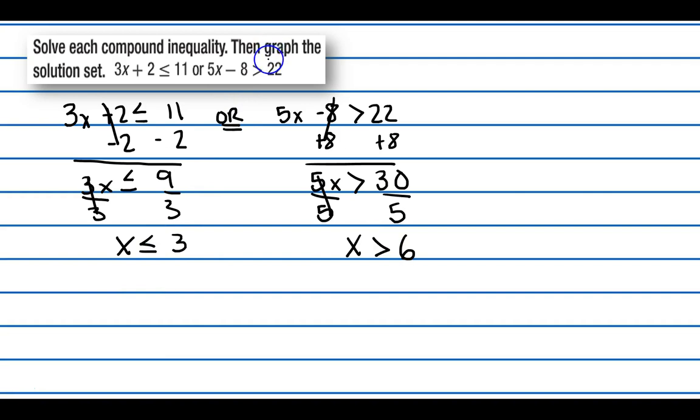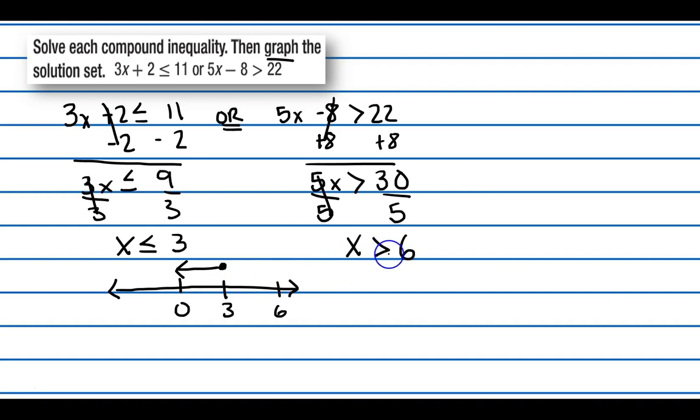Last part, it does say to graph. Let's do a quick graph here. So we have 0, 3, and we have 6 here. So 3, as you see here, we're going to use more ink, which means we're going to have a full circle colored in. And this one is pointing to the left.